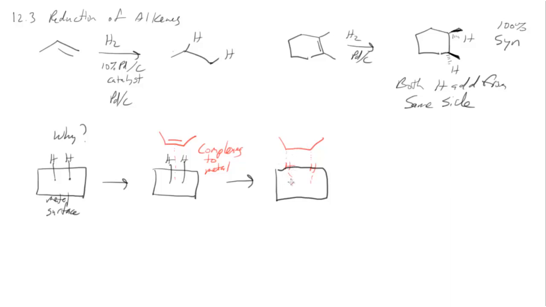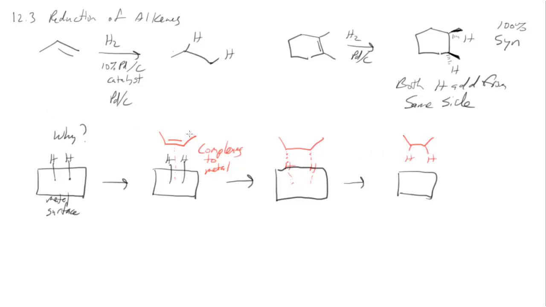And so now the hydrogens start to be bonded to where the alkene was, and as the alkene starts to form the bonds with the hydrogens, it starts to let go of its complexation to the metal until the last step, when it's no longer attached to the metal at all and has full bonds to the hydrogens.